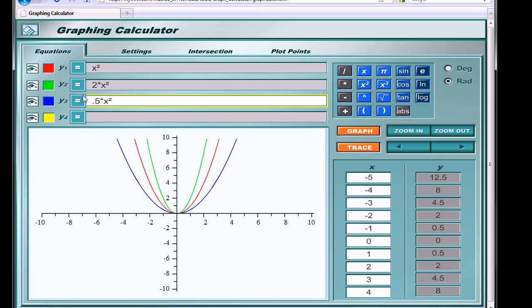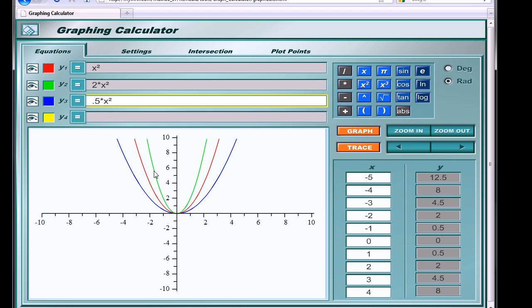So notice, our regular x squared is just in red. If we scale it by 2, it's still a parabola with the vertex at the same place, but we go up faster in both directions. And if we have 0.5 times x squared, we still have a parabola, but we go up a little bit slower. We have a wider opening U because our scaling factor is lower than 1. So that's how you decide how wide or how narrow the opening of our parabola is.